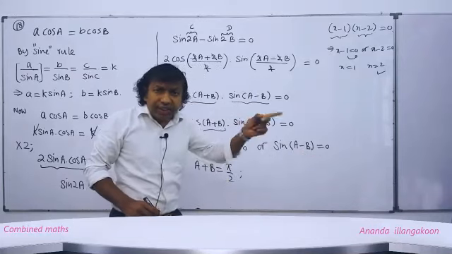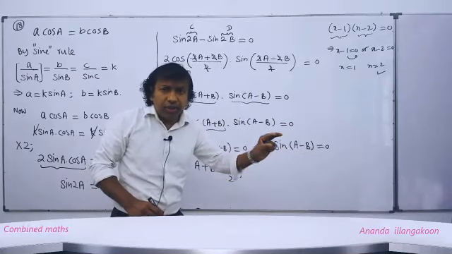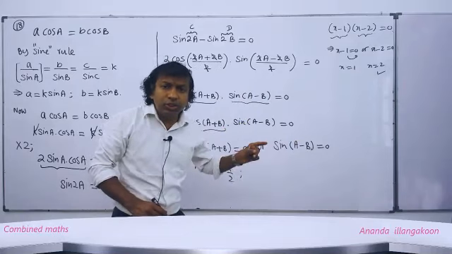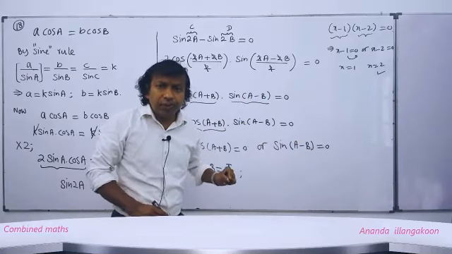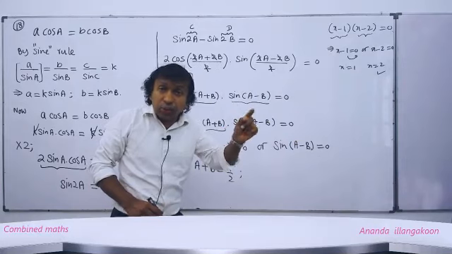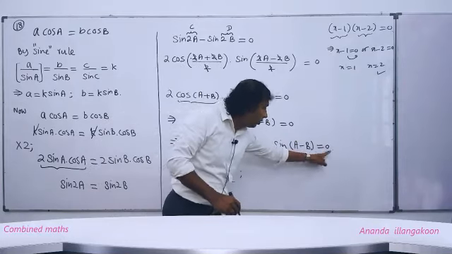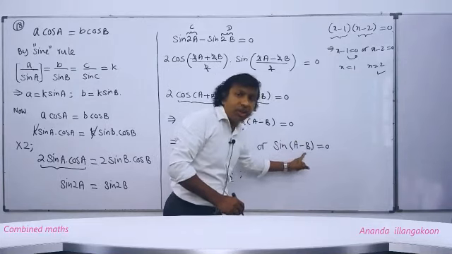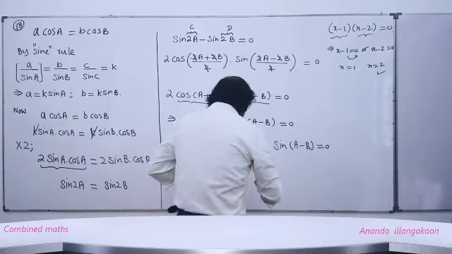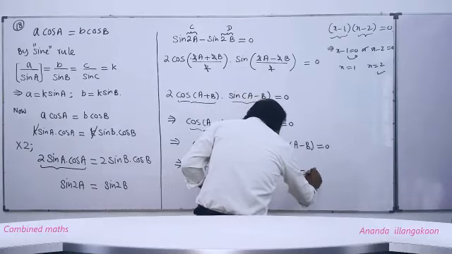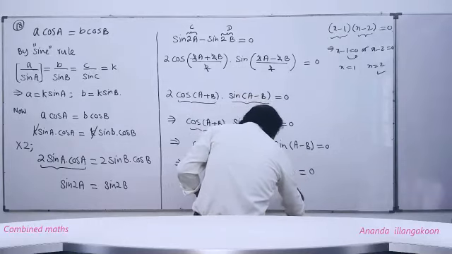For sin of an angle to be 0, that angle should be 0. So we can write A minus B is 0. Now this gives us A equals B.